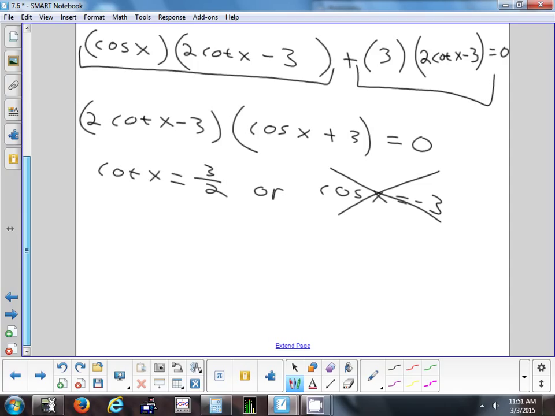Yeah, it's the reciprocal. If you take the reciprocal of cotangent, you get tangent. And if you take the reciprocal on the left, you also have to take the reciprocal on the right. All I did was flip each side. Flip cotangent, you get tangent. Flip 3 over 2, you get 2 over 3. Now we can solve this like normal. We're looking for where the tangent is positive, so I should be looking for 2 answers.